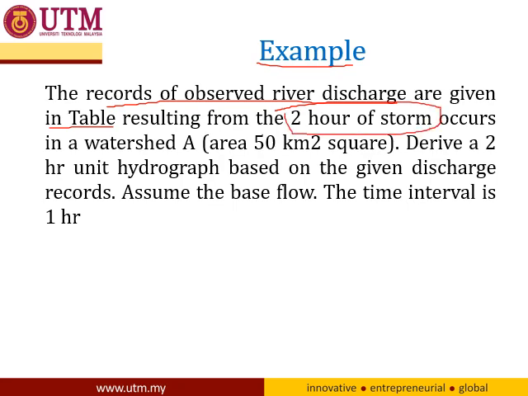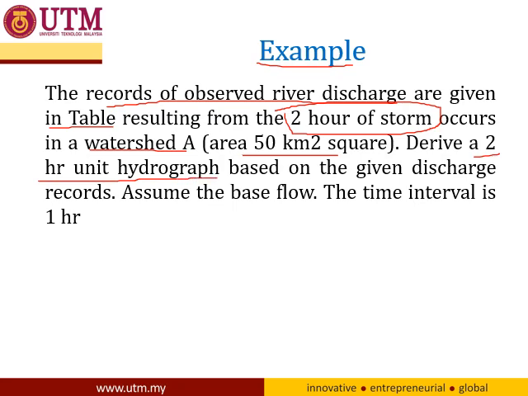They did not show the storm, but we know that it is a 2-hour storm that occurs in watershed A. This watershed or river basin has an area of 50 square kilometers. Derive a 2-hour unit hydrograph.